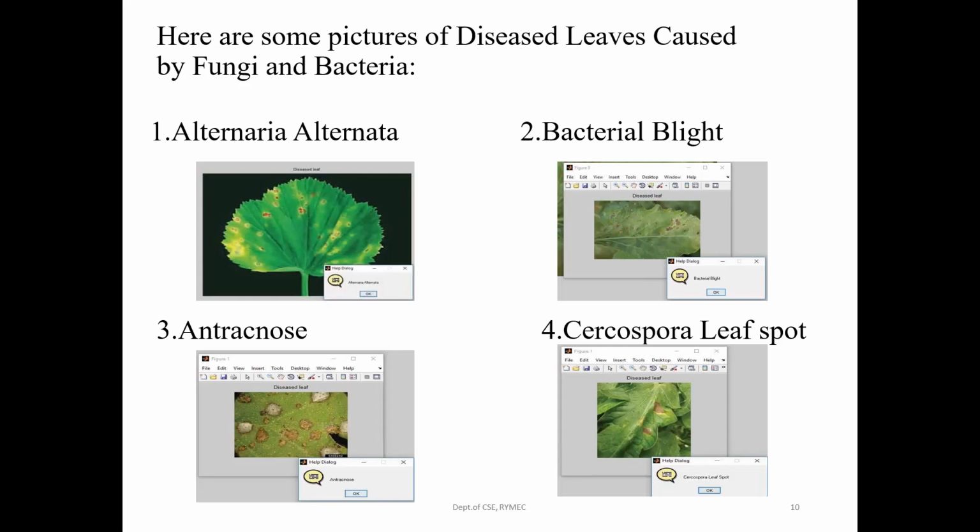The fourth is Cercospora leaf spot, which has tan to brown spots. In the fourth picture, the leaves have tan to brown spots with curled leaf margins, and afterwards the leaf withers as the disease progresses and the leaflets turn yellow. These are some pictures of leaves diseased by fungi and bacteria.